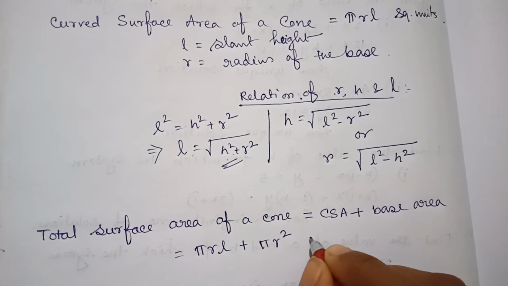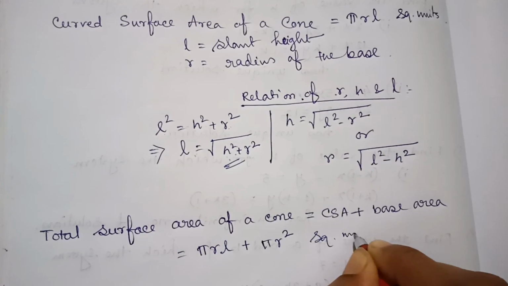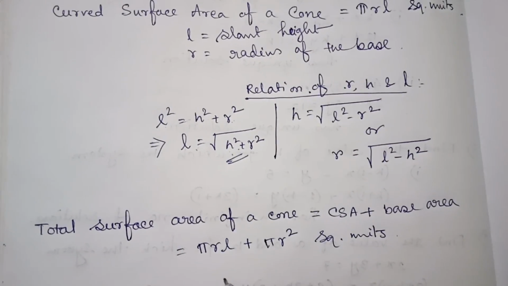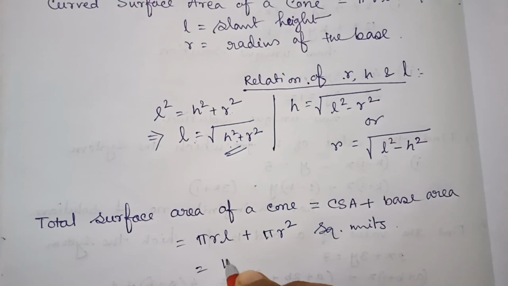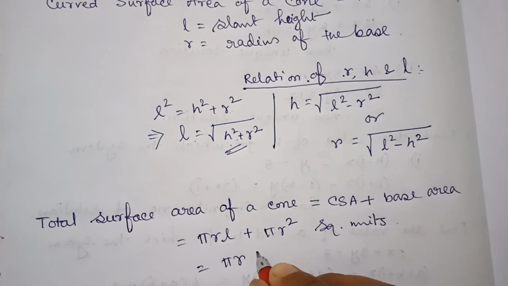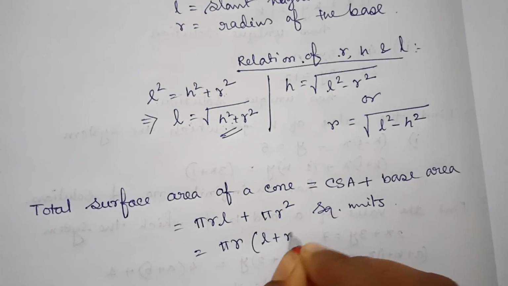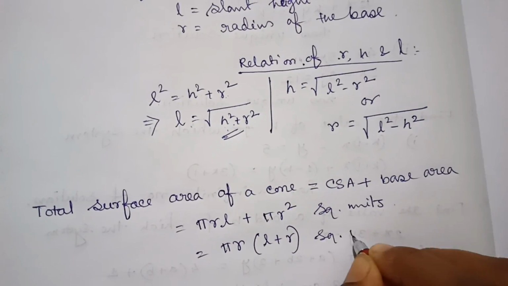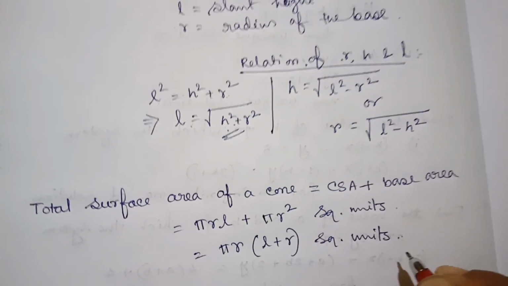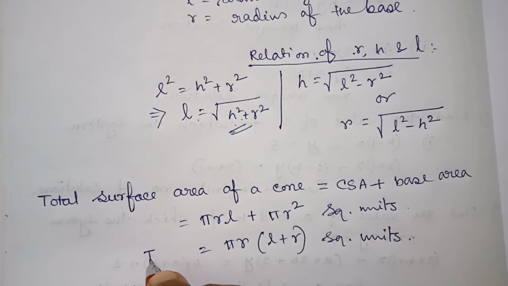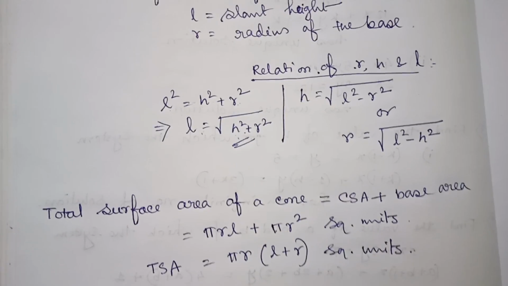So total is pi r l plus pi r square square units. That means we can take pi r as common from both and we can write pi r into l plus r square units. Okay, so this is TSA.